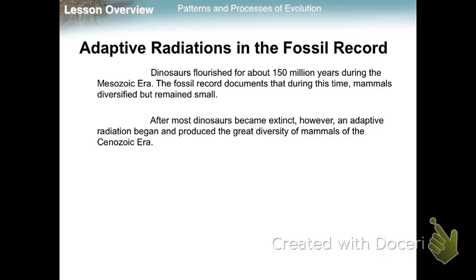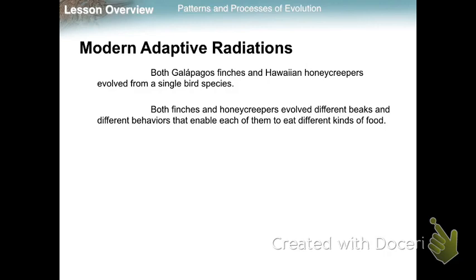Dinosaurs flourished for about 150 million years. The fossil record shows that mammals were pretty much there, but they were small and not a big part of the population of living things. However, after the dinosaurs became extinct, adaptive radiation caused this explosion of the diversity of mammals of the Cenozoic era.